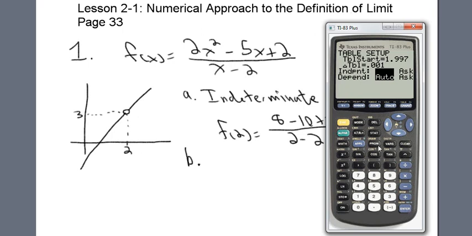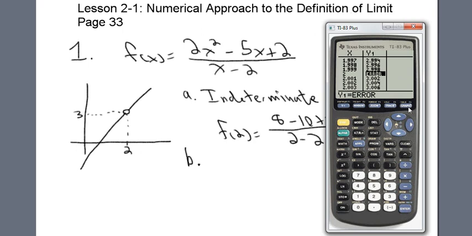Let's go ahead and take a look at our table. 2.994, 2.996, 2.998, error, 3.002, 3.004, 3.006. So that error is what happens when you have the indeterminate form. That is why there's a circle there.